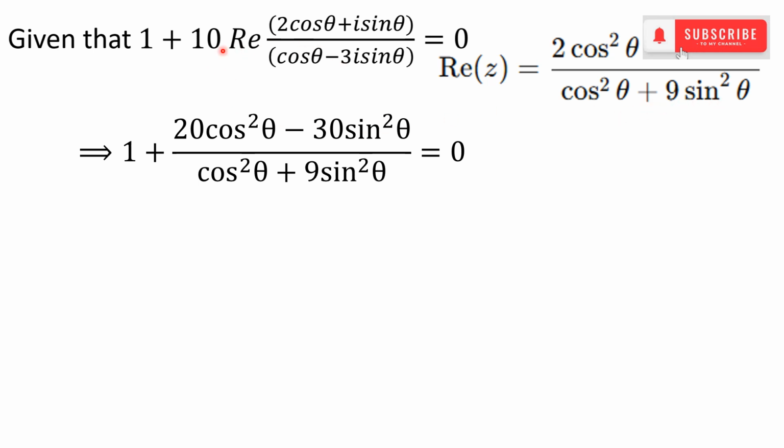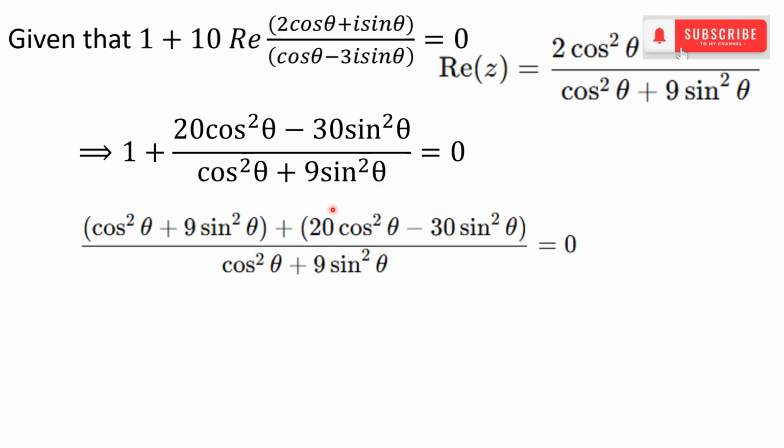10 times of this means 10 into 2, that is 20 cos²θ, minus 3 into 10, that is 30 sin²θ, and the denominator cos²θ + 9 sin²θ is as it is. Now let us take the LCM, which is cos²θ + 9 sin²θ, for simplification.